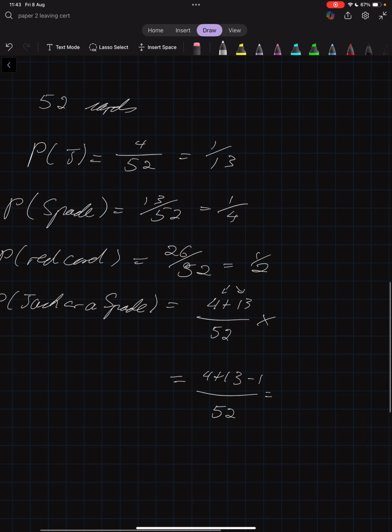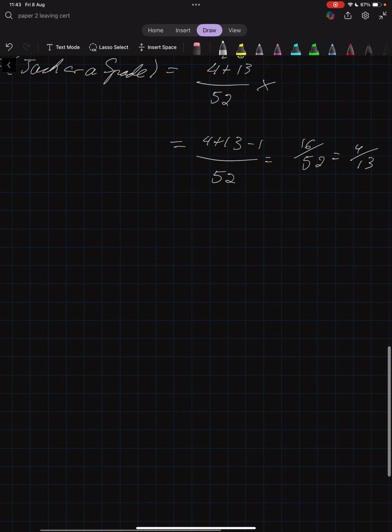Because there's 13 spades, including the jack, and then there's 3 other jacks. So it's 3 plus 13. So it's 16 over 52, which is 4 over 13. All right? And then that's kind of the last one. So just be careful with that when you're doing the probabilities. All right.